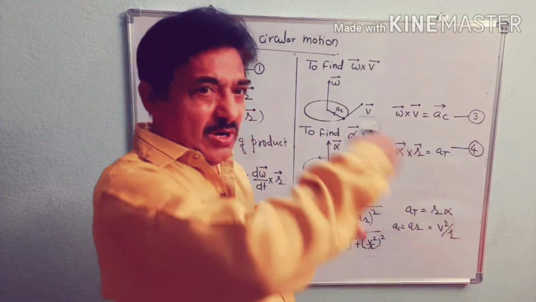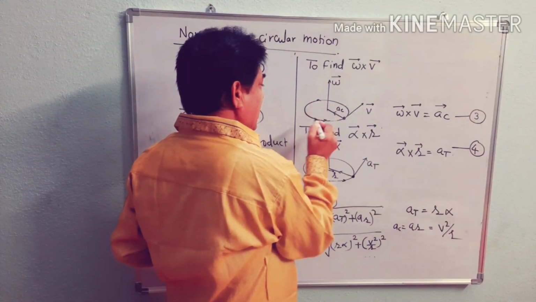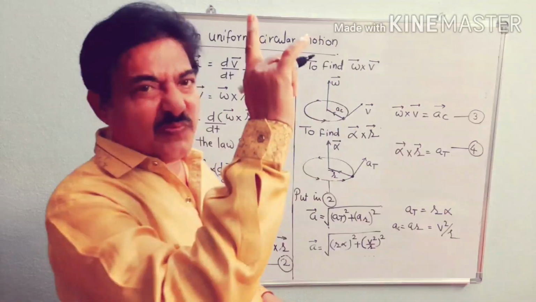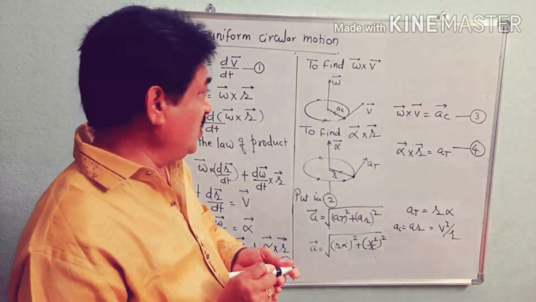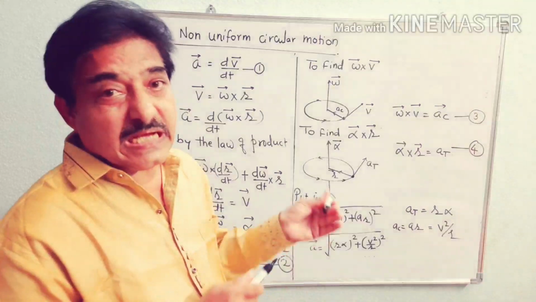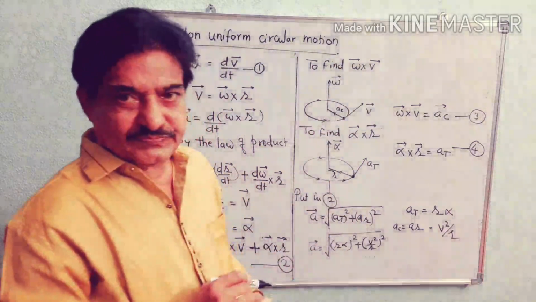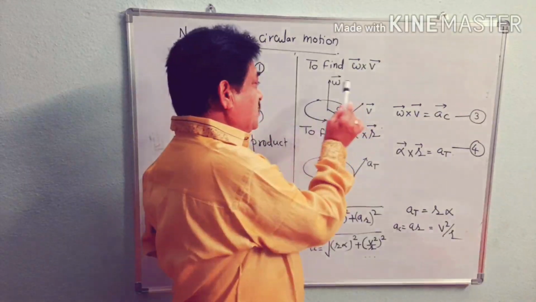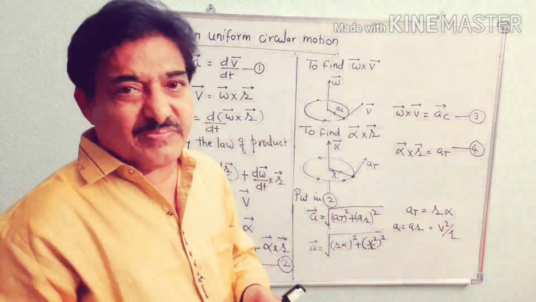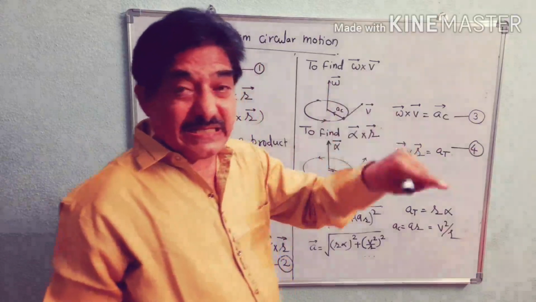If we draw a circular motion in the anti-clockwise direction, then omega is in the upward direction and is taken as positive by the right hand rule, and velocity is always tangential to the circular path. The third vector, apart from these two, will be acceleration, because the product of omega and v gives the acceleration.